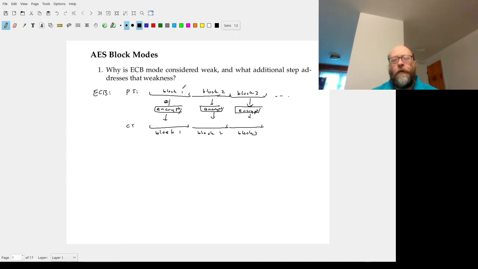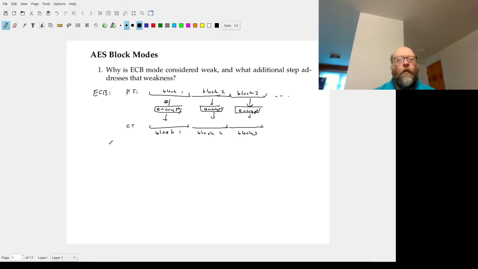We did an example the day we talked about these block modes where we had a large bit of white in our image, and all of these blocks that were the same color encoded as the same color. And so what we ended up getting was just a color swapped version of our image, for the most part, and the image was still entirely recognizable for what the original was.